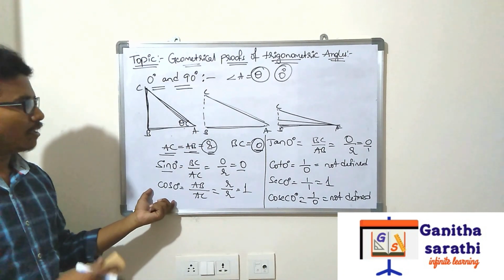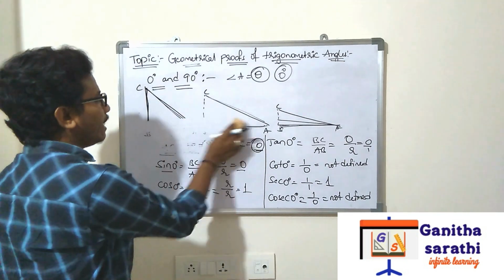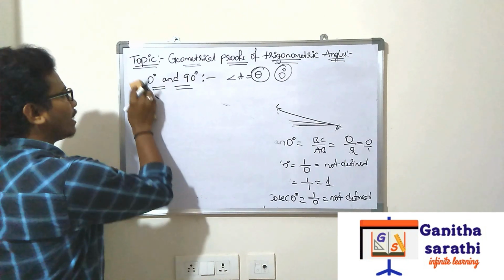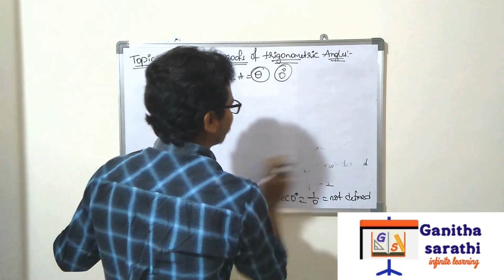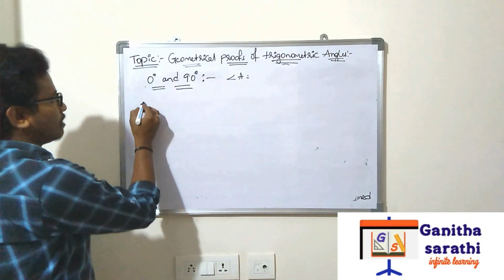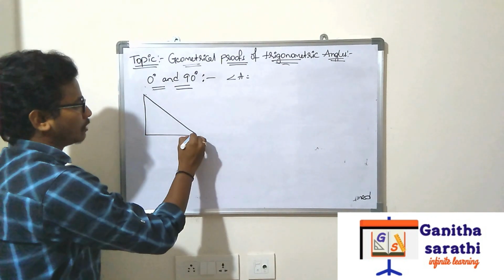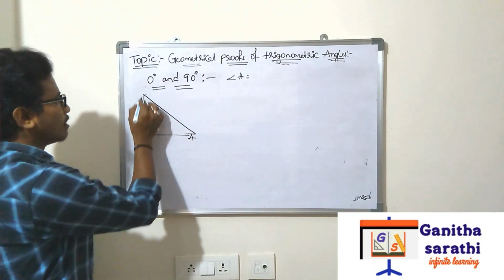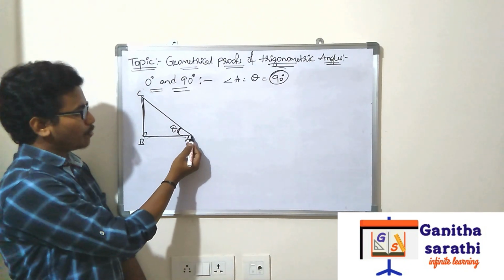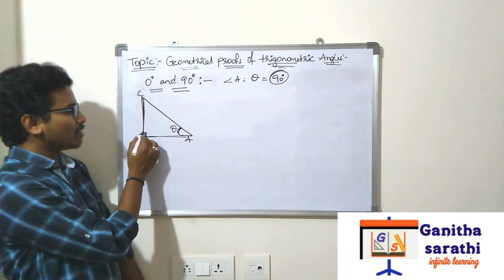Clear with this? Now let us move on to 90 degrees angles. In the same way, we will find the values. Take right angle triangle ABC, where this is 90 degrees. Now this theta should coincide with this one because this is 90 degrees.